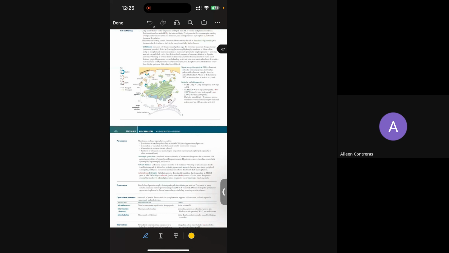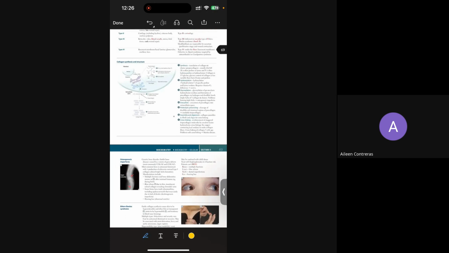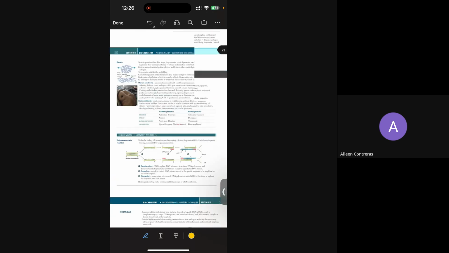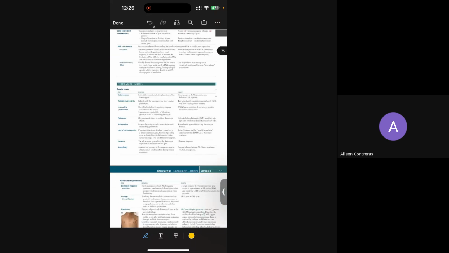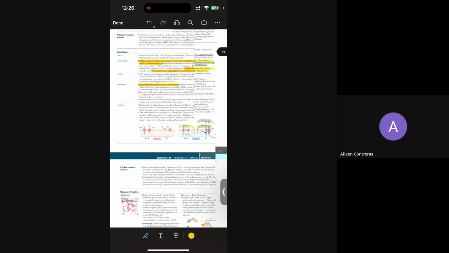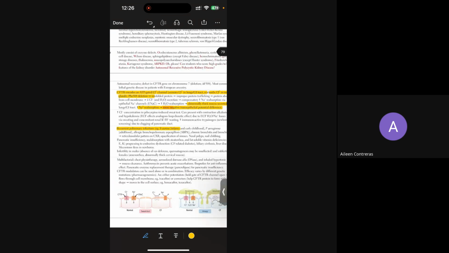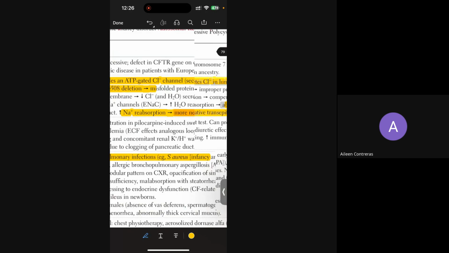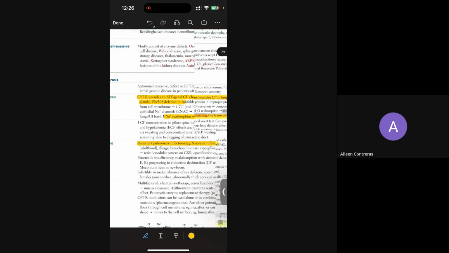It is written in the book, page 58. So this is the pathophysiology in cystic fibrosis.